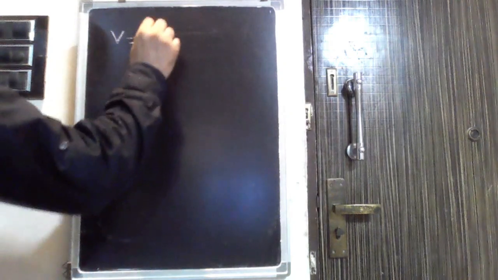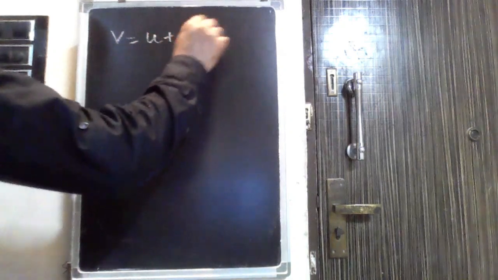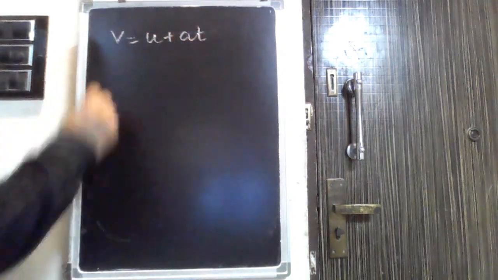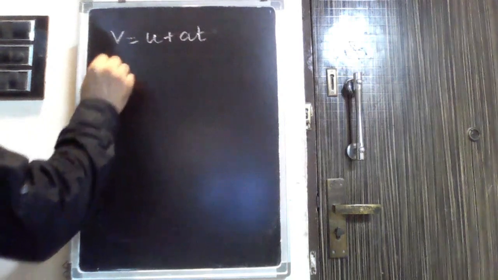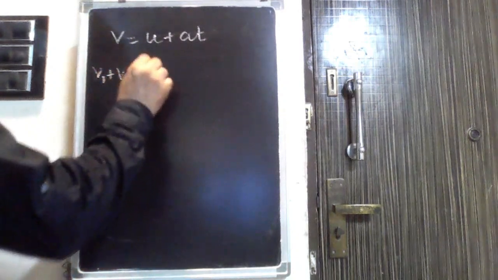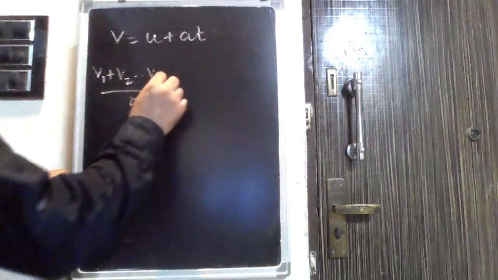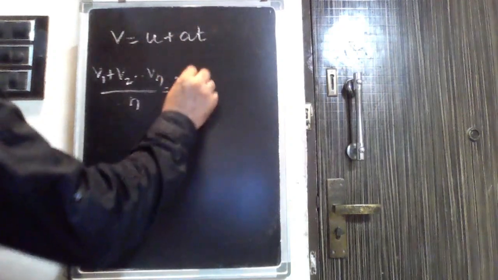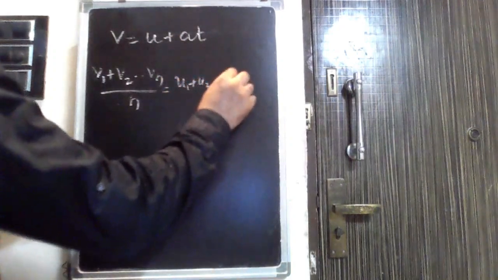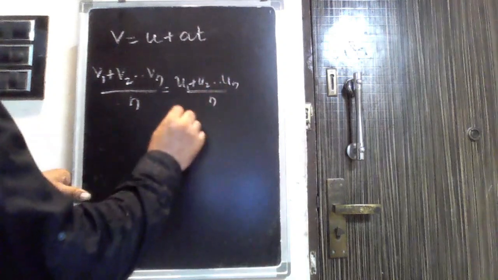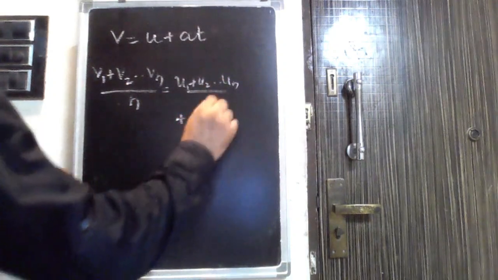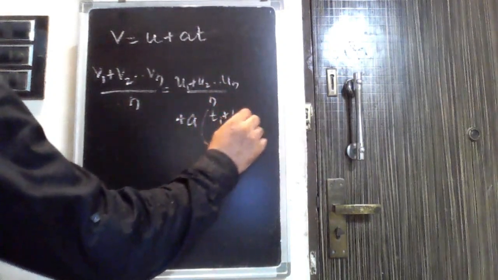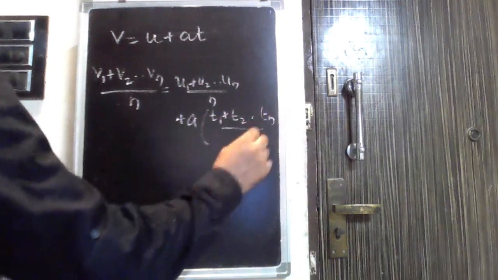That's a big problem. And since v is u plus at, that's a velocity basically. So let v be the average speed of all the electrons now. So (v1 plus v2 up to vn) by n will be equal to (u1 plus u2 up to un) by n plus a, as I said, is constant, but t is also different now, (t1 plus t2 up to tn) upon n.